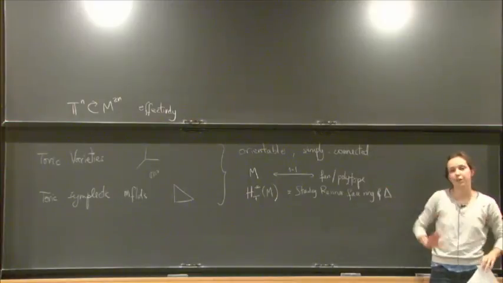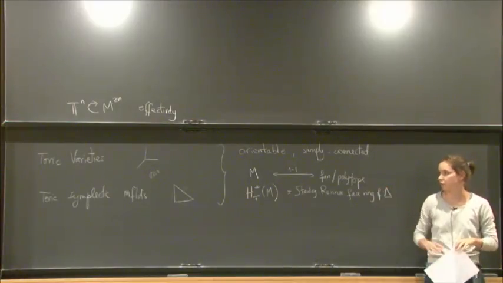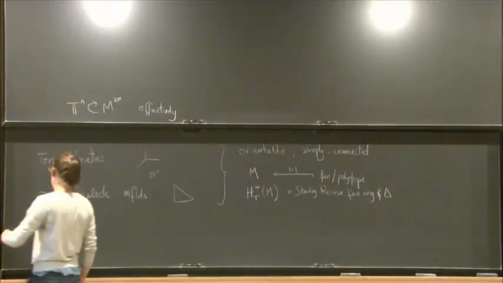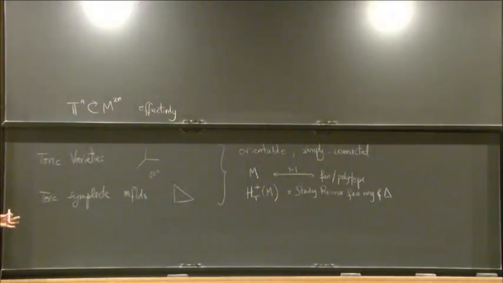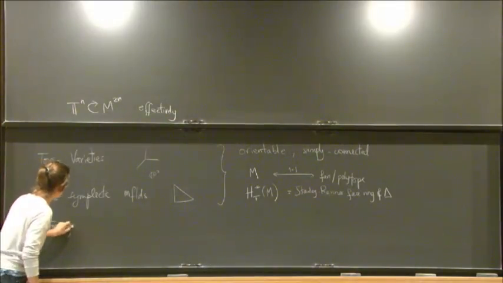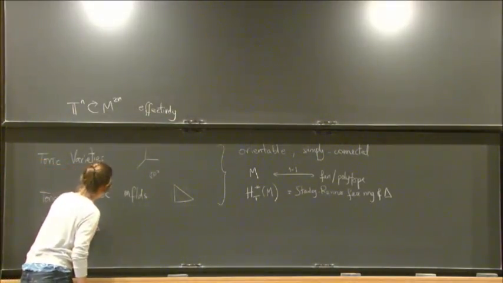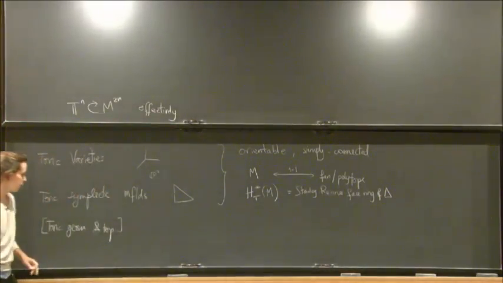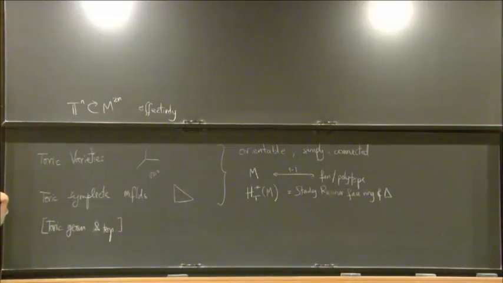So these are all very pleasant things that these two classes of manifolds have. And then there's another. So in toric geometry and topology, they've introduced a bunch of smooth analogs of these families.